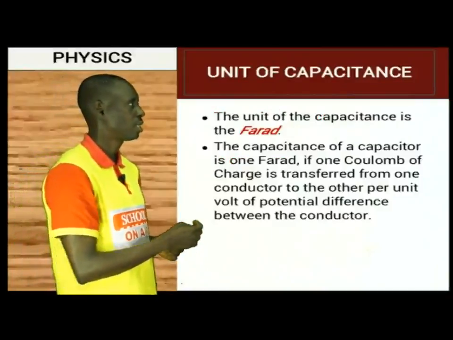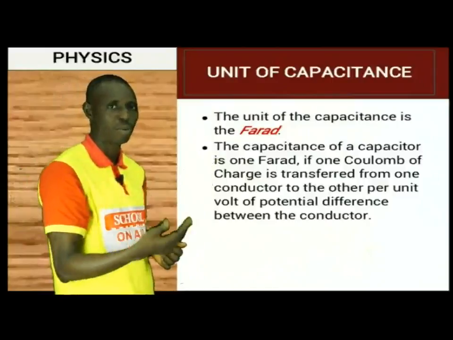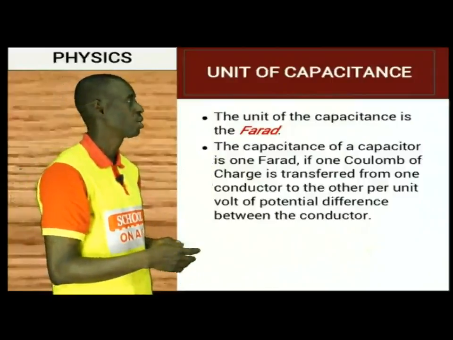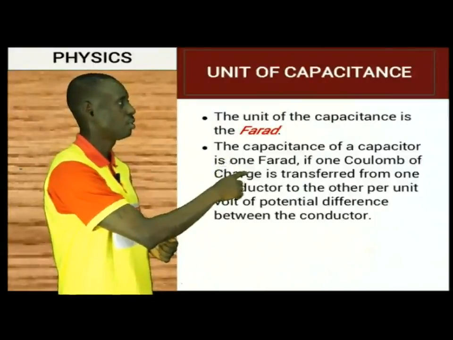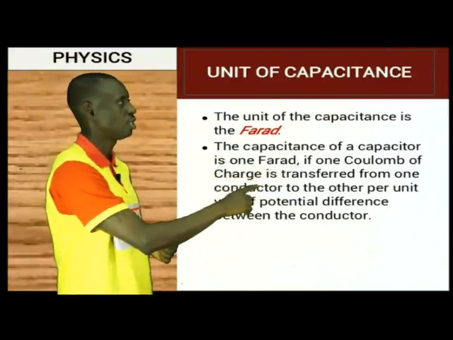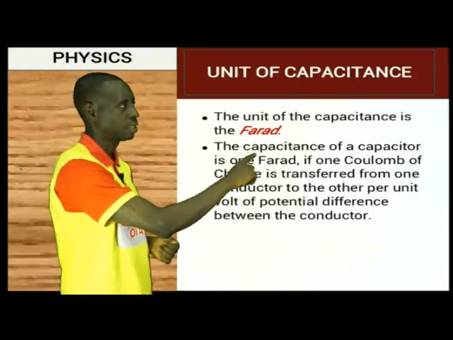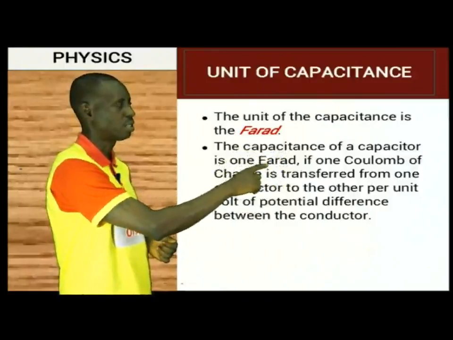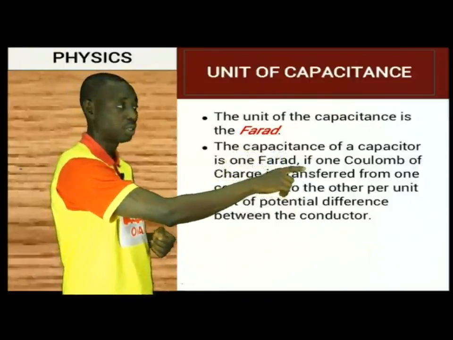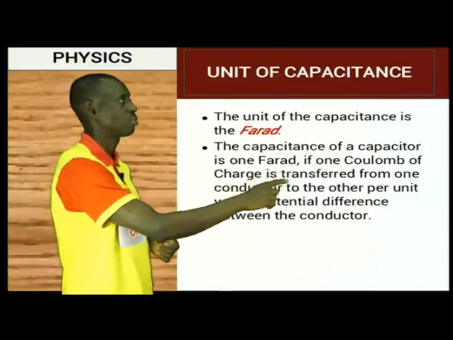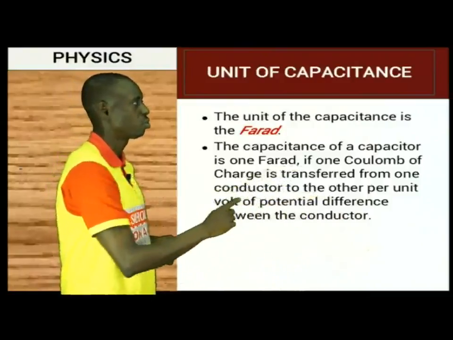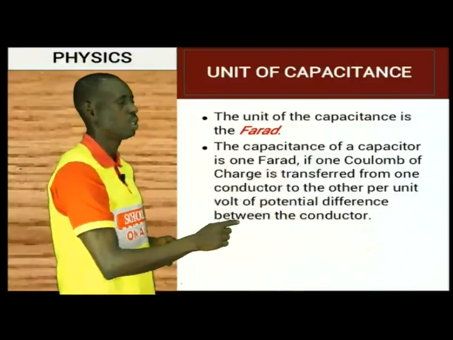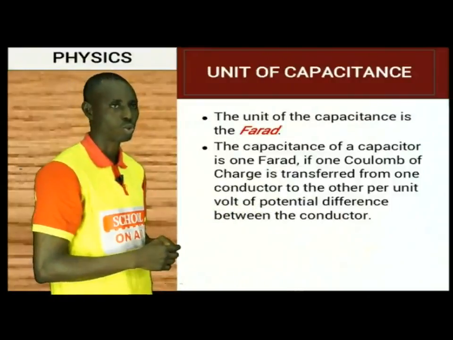So, like I said, the unit of capacitance is the farad, and we have talked about the microfarad, picofarad, as well as nanofarad. The capacitance of a capacitor is 1 farad if 1 coulomb of charge is transferred from one conductor to the other per unit volt of potential difference between the conductors.